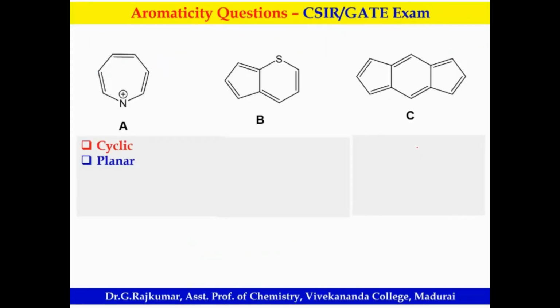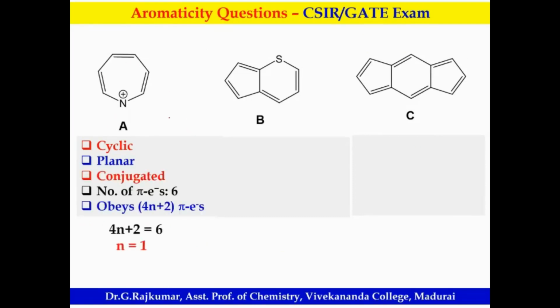Look at this: cyclic planar conjugation is there. The number of pi electrons is 6. It obeys 4n plus 2. Aromatic, where there is cyclic planar conjugation.